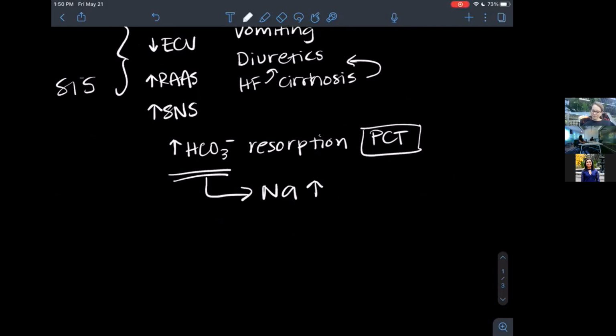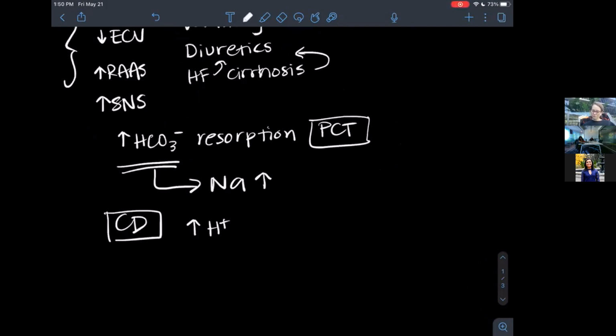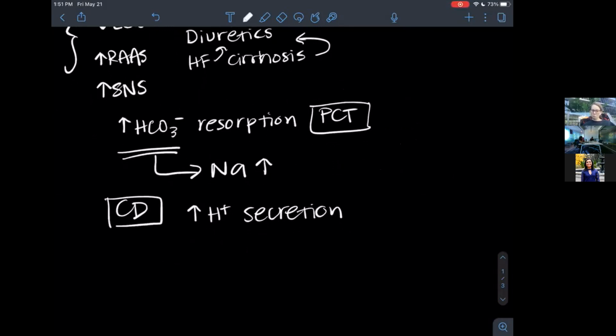And then in the collecting ducts at the same time, you are also increasing your hydrogen secretion, as well as your potassium secretion.